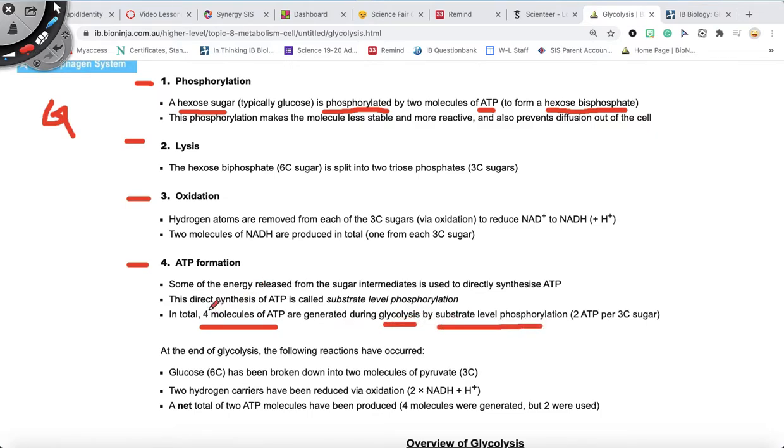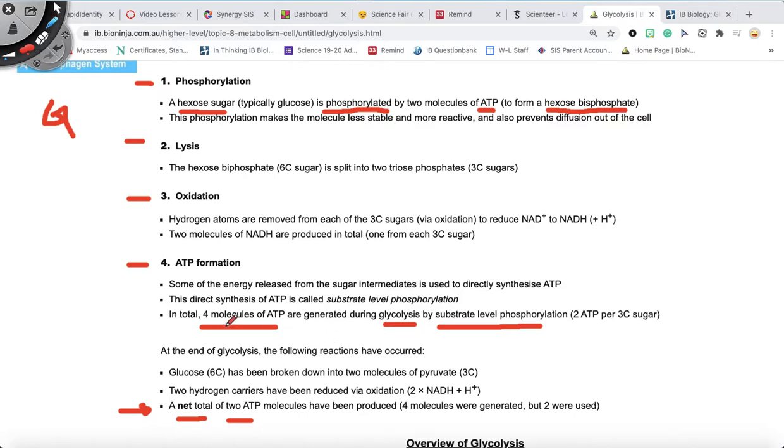But this is not net molecules of ATP because remember that it took 2 molecules of ATP to start the glycolysis process. So then that means, and this is the key takeaway here, that you get a net total of 2 ATP molecules in glycolysis via substrate level phosphorylation.